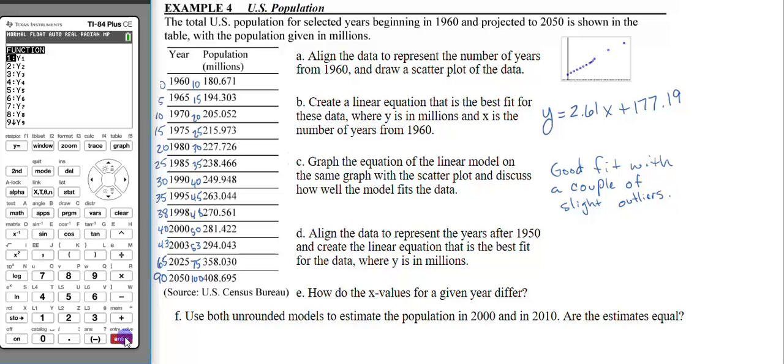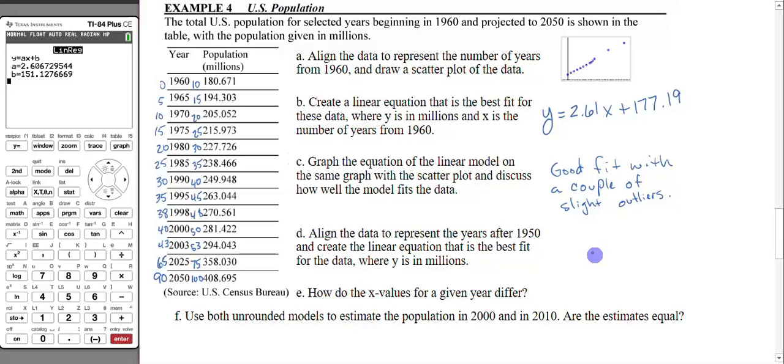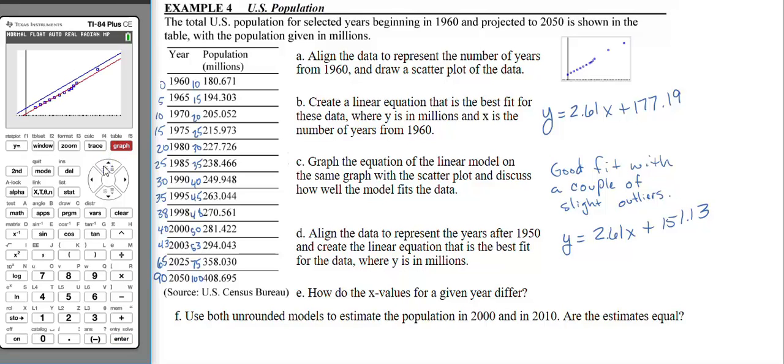We're going to store it as a function, and let's store it in y2 so that we don't lose our other equation, because they're going to want us to compare. So calculate, you get y equals 2.61x plus 151.13.